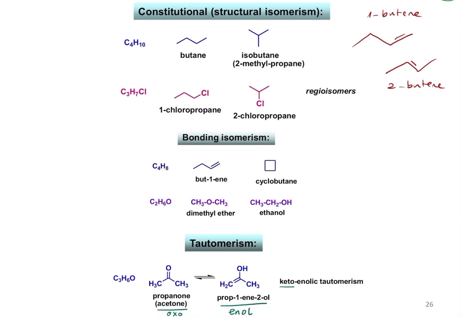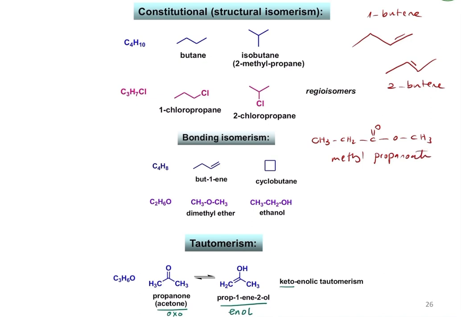And for example, we can write the relation between ester and carboxylic acid. For example, if you see here, I draw this ester. It is methyl propanoate.